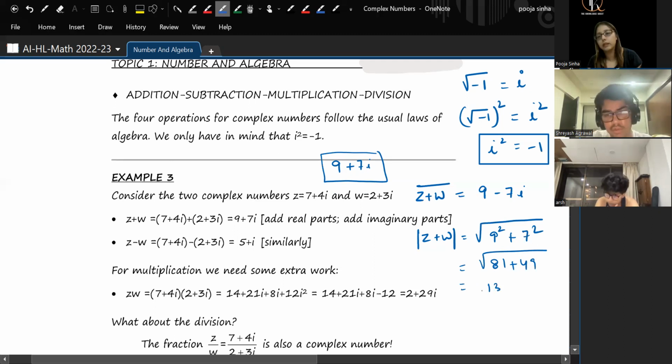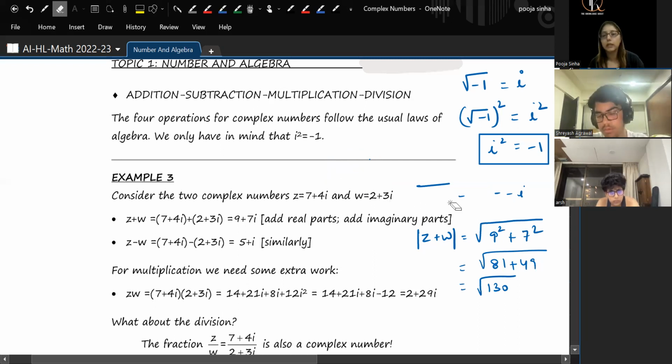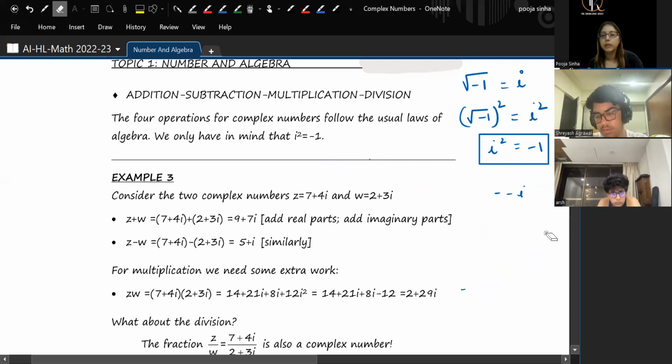Under root of 130, and that's it, we are done. Any difficulty? Any problem in understanding all of this? Very nice, very impressed. Easy.